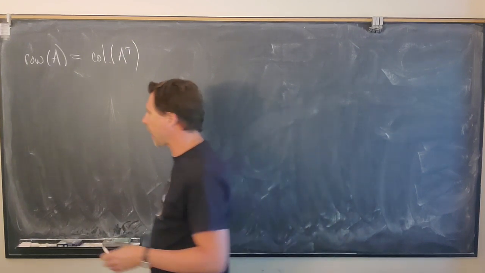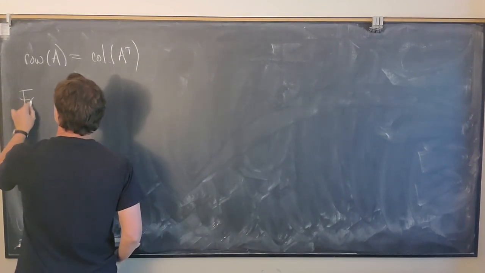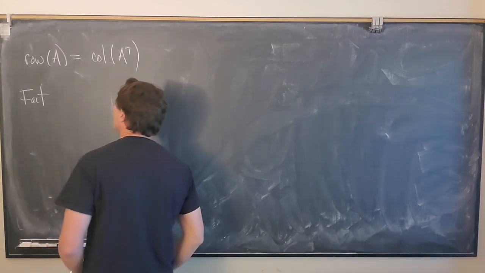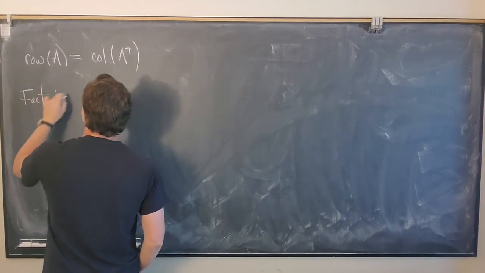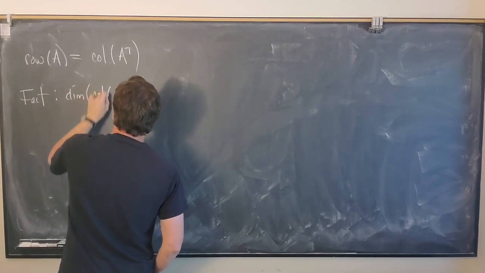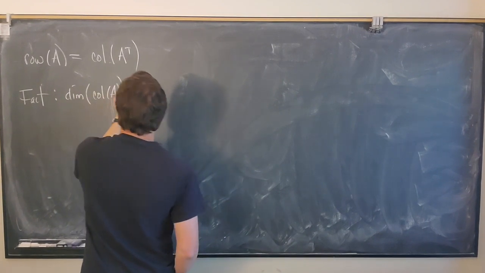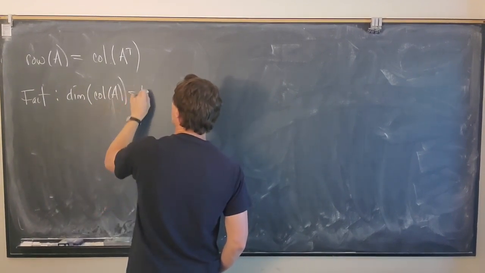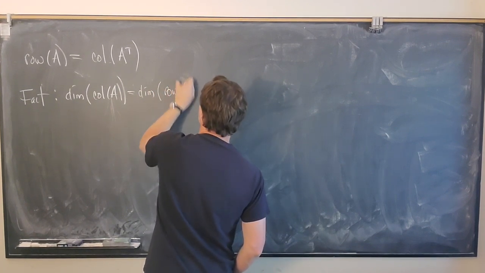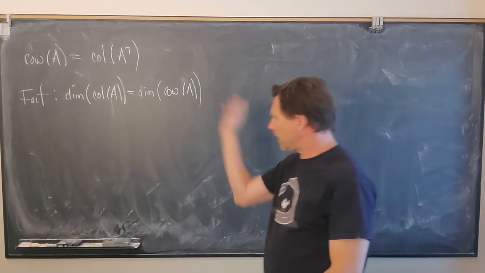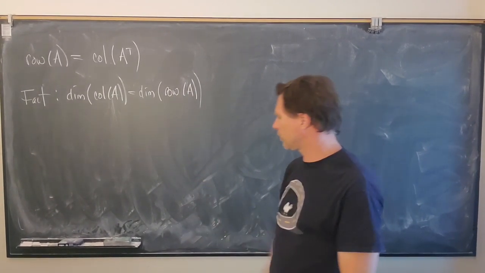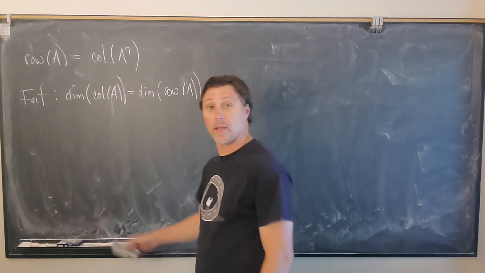And here's a fact. The dimension of the column space of A is exactly equal to the dimension of the row space of A. I will shortly need this for a theorem that we state a little later.